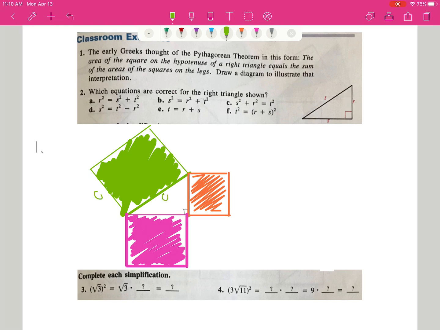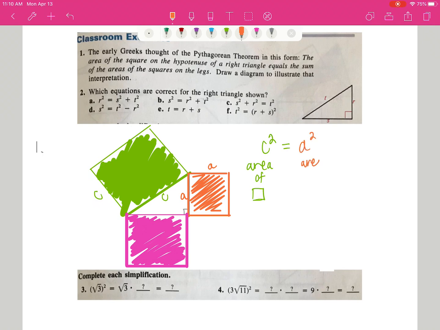So this side is C. So C squared, right? The area of that square, area of the green square, okay? The area of that green square is equal to, check this out. That leg I'm going to call A, and the area of that square is A squared.